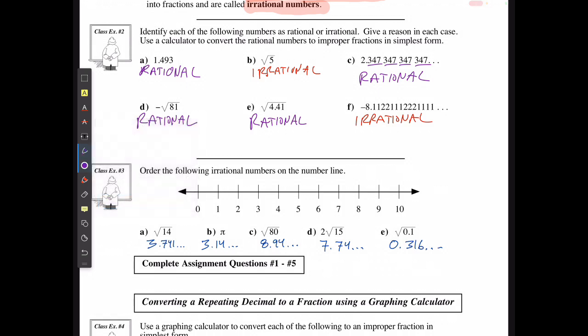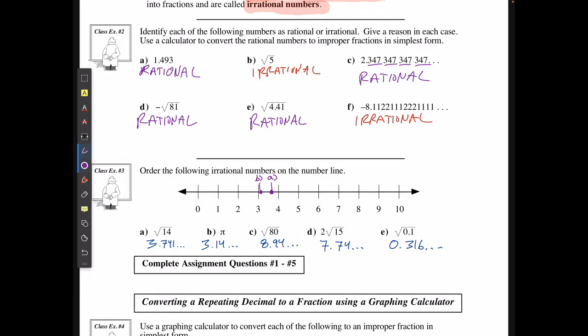I can take these and draw them on the number line, where I can see that square root of 14 is approximately 3.74, so it's going to be in between 3 and 4, and it's going to be closer to 4. And I can say that that is A. For B, pi is 3.14, so it's going to be closer to 3, and that's approximately where my B is going to go.